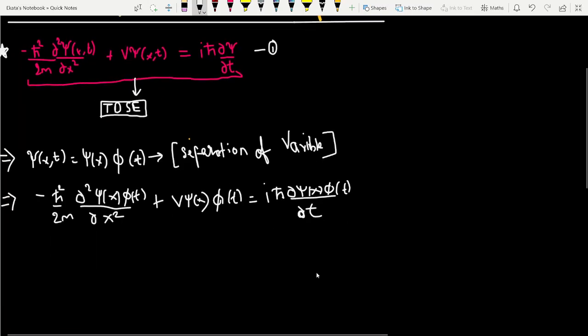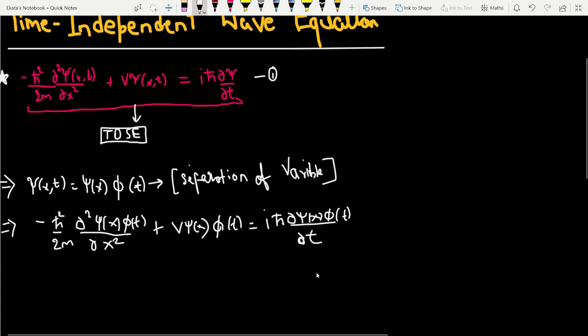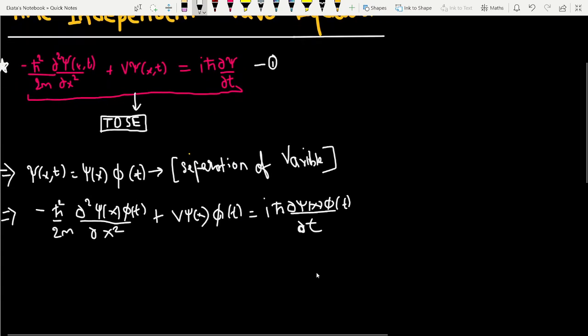Now first of all we have to make some changes. If you look carefully, we are differentiating psi of x and phi of t with respect to x. With respect to x, phi of t is treated as a constant. It means we can take it out of the partial derivative.